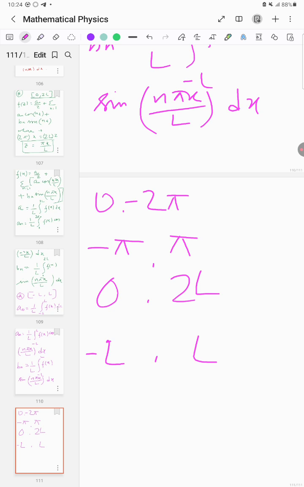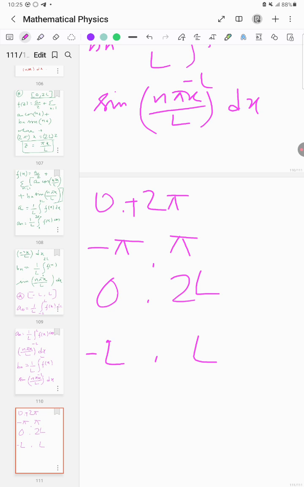We had just derived our expression for the first case, that is 0 to 2 pi, and after that we just put the values of the rest of the interval limits into these expressions of a naught, a n and b n, and found the result.